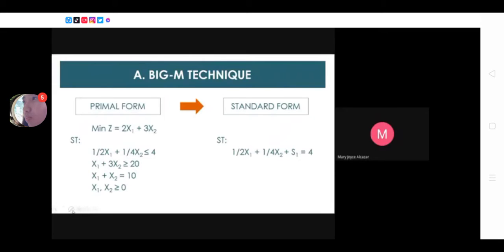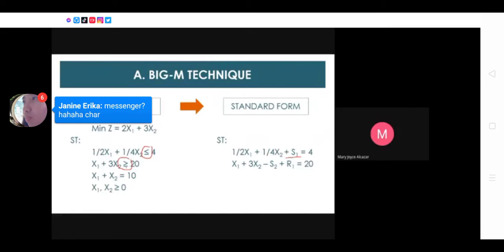Since the inequality sign is less than or equal to, just like in the simplex method, you just have to add plus s1. For the second constraint, the inequality sign is greater than or equal to, so you have to add a negative slack and then a positive r.